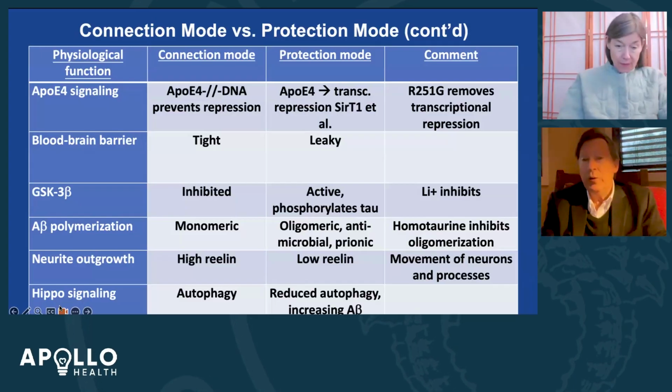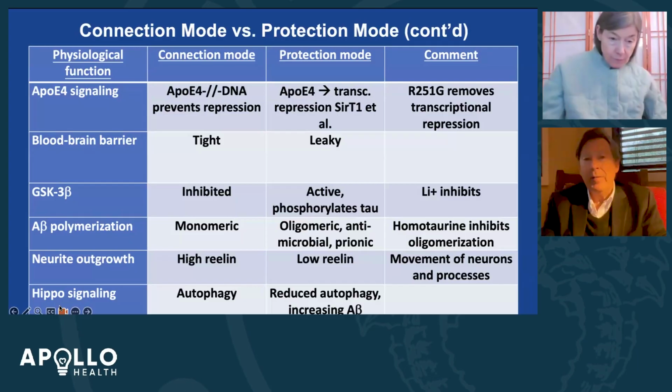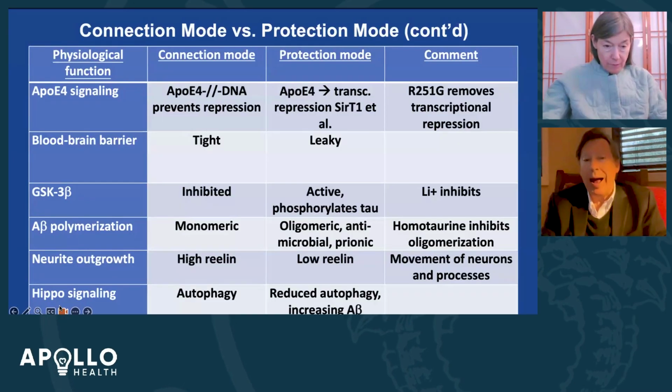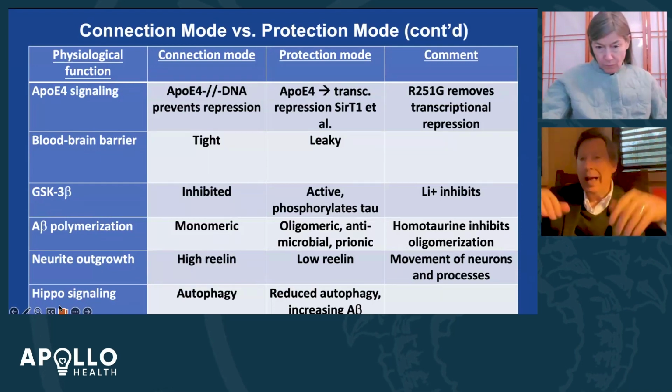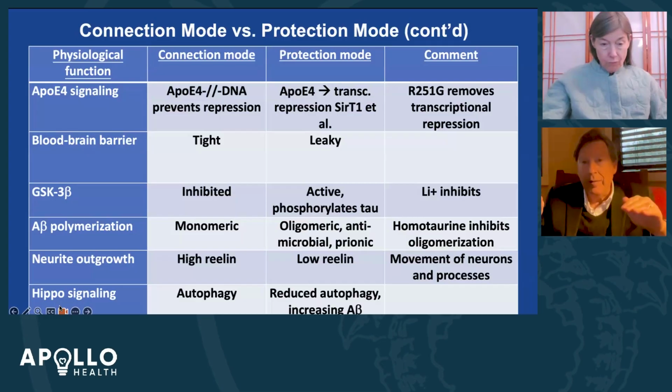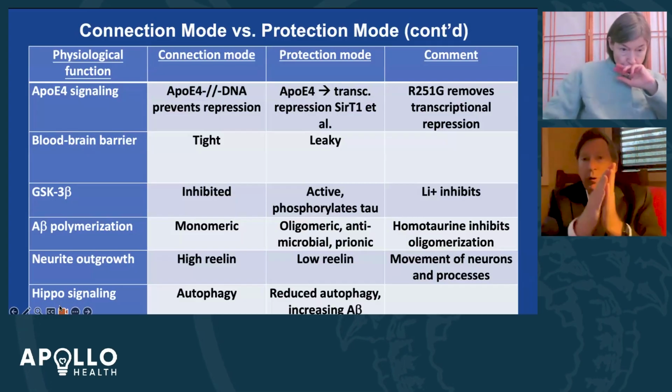In connection mode, you have autophagy activated. In protection mode, you have reduced autophagy, which allows you to keep these antimicrobial peptides around. So you increase your A beta. So what's amazing is that these and many other pathways are all coordinately affected, so that you're literally making this mode switch from one to the other.